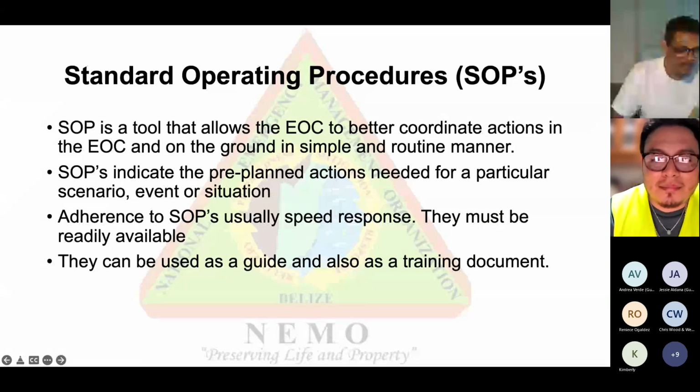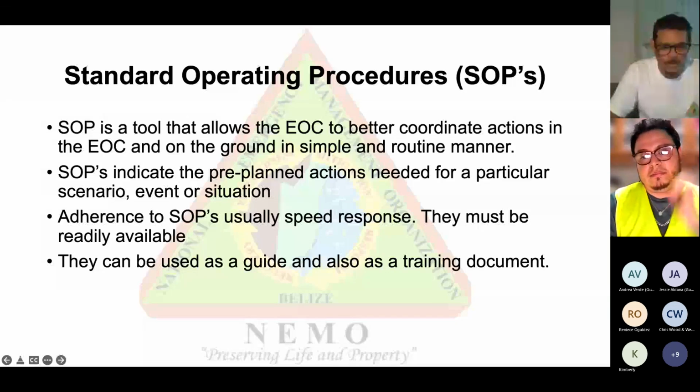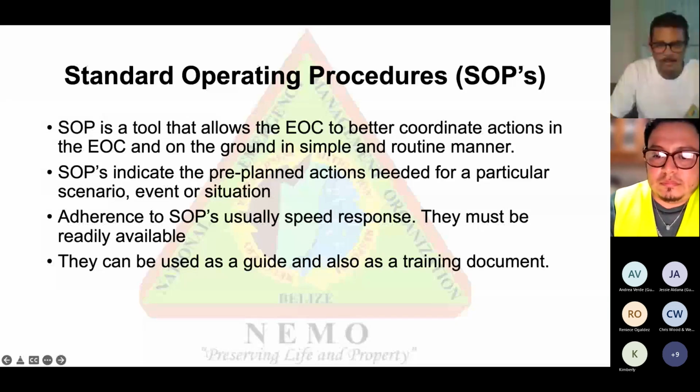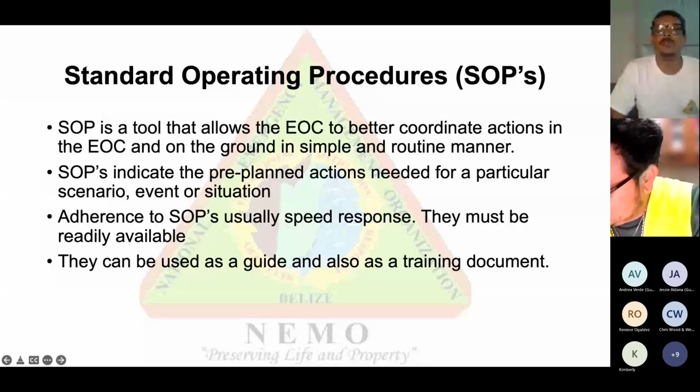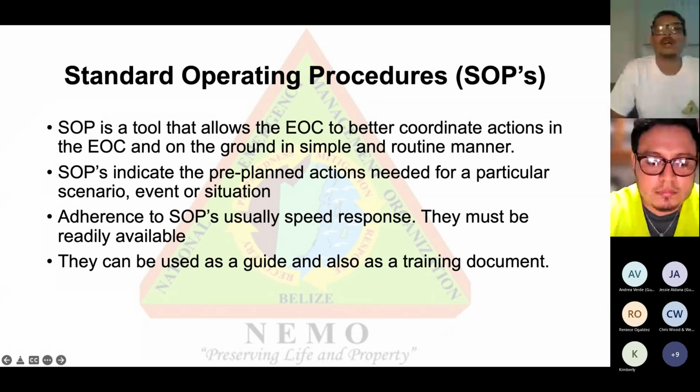Okay, no problem. The next 2 or 3 slides deal with standard operating procedures, or what we refer to as SOPs. It's a tool that allows the EOC to better coordinate, in a standard format, standard way, actions in the EOC and on the ground in a simple and routine manner.